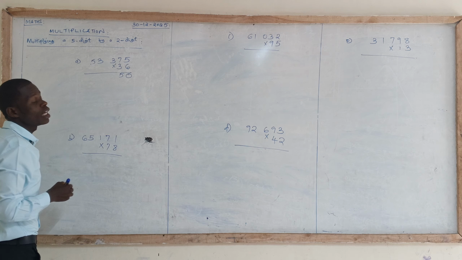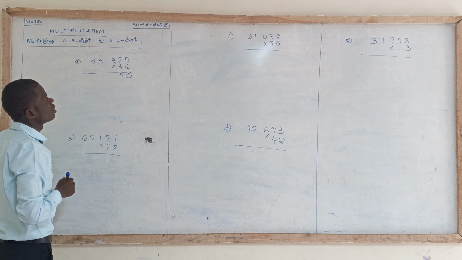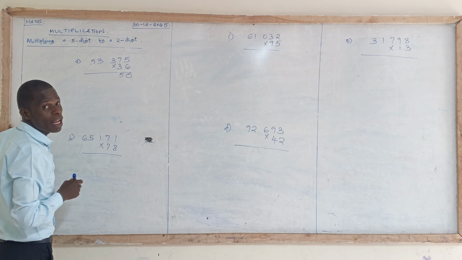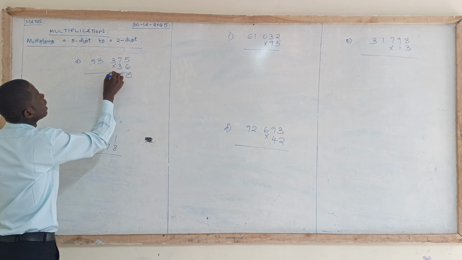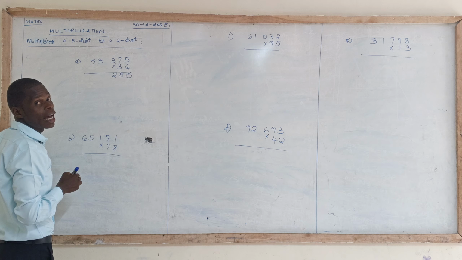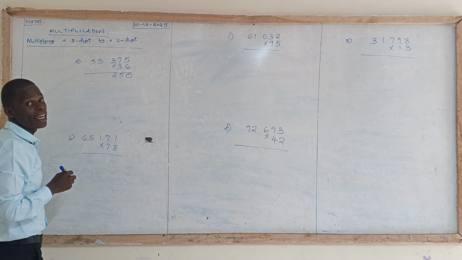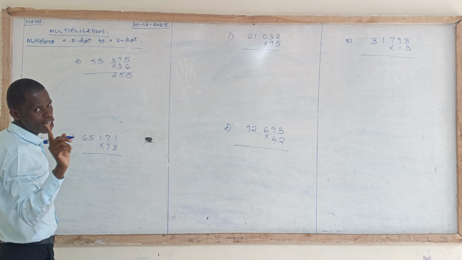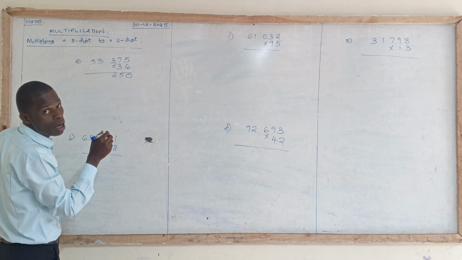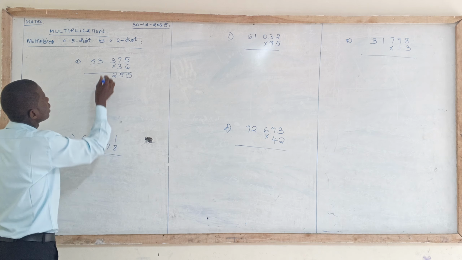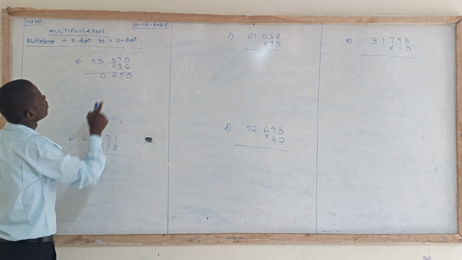Write 5, carry 4. 6 times 3, 18. 18 plus 4 you carried, that is 22. Write 2, carry 2. 6 times 3 here, again 18. Remember this time you carried 2. 18 plus 2, that will give us what? 20. Write 0, carry 2 again.